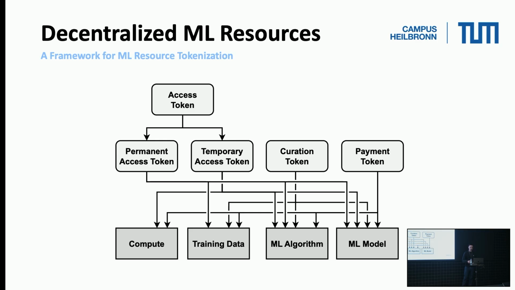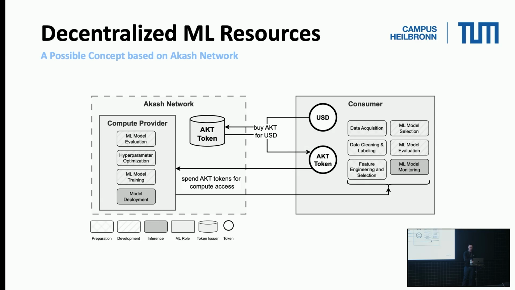And next I want to present one practical example of how it could look. For example, we have the Akash network, which enables a market for compute resources, allowing consumers to lease distributed CPUs and GPUs for ML model training and ML model inference.